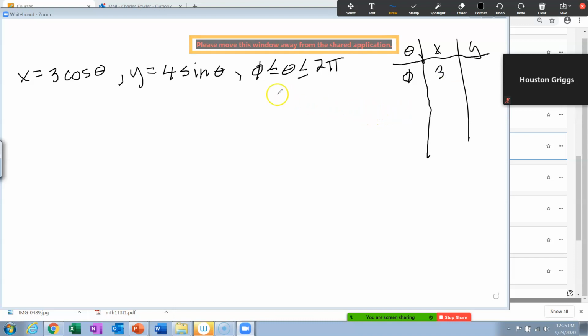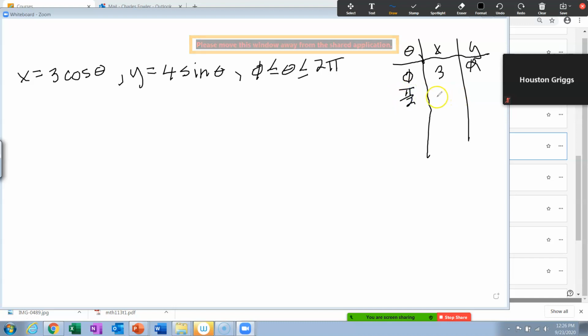Okay. Sine of 0 is 0, and 4 times 0 is 0. Now, that's the most convenient one. I'd say let's skip on over to pi halves. That's a nice one. I forgot to write down theta is equal to pi halves.